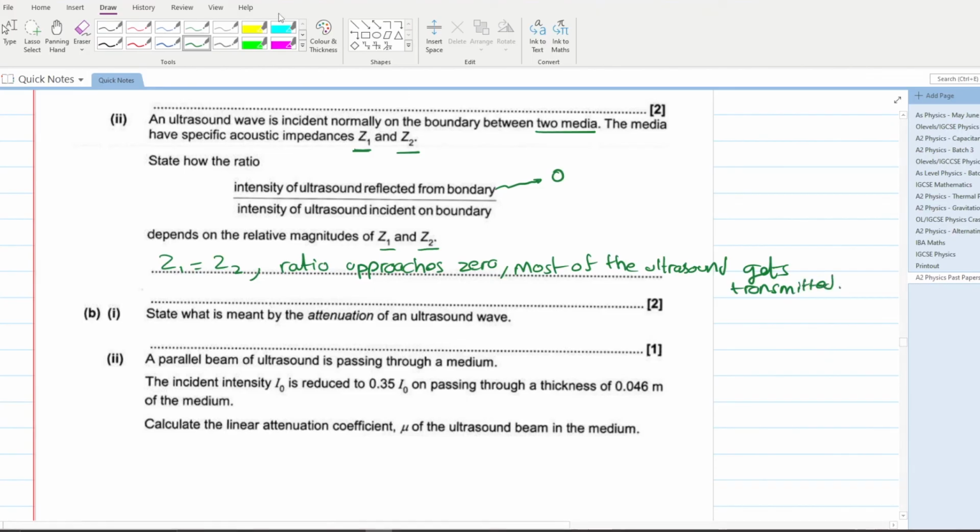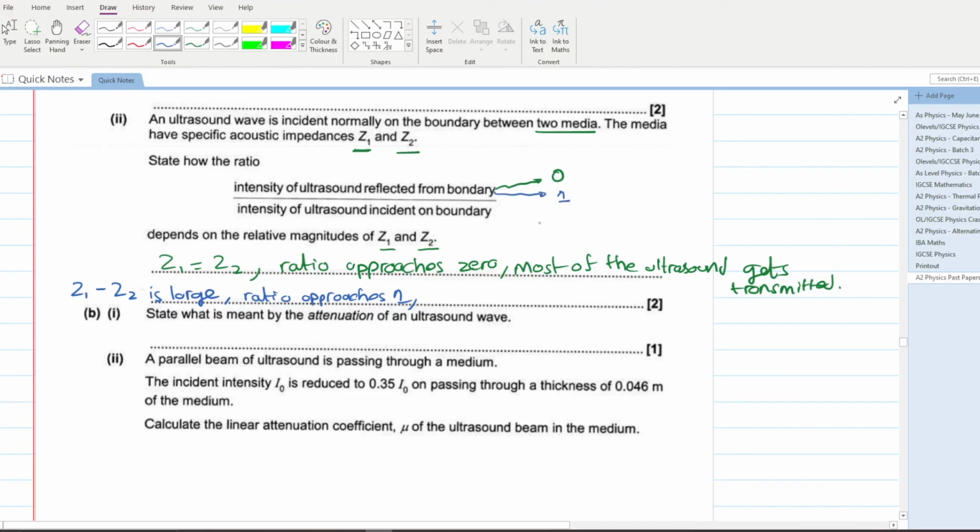However, if the difference between Z1 and Z2 is large, the ratio approaches 1. If the difference between these two values is large, what will happen to most of the ultrasound? They will get reflected.